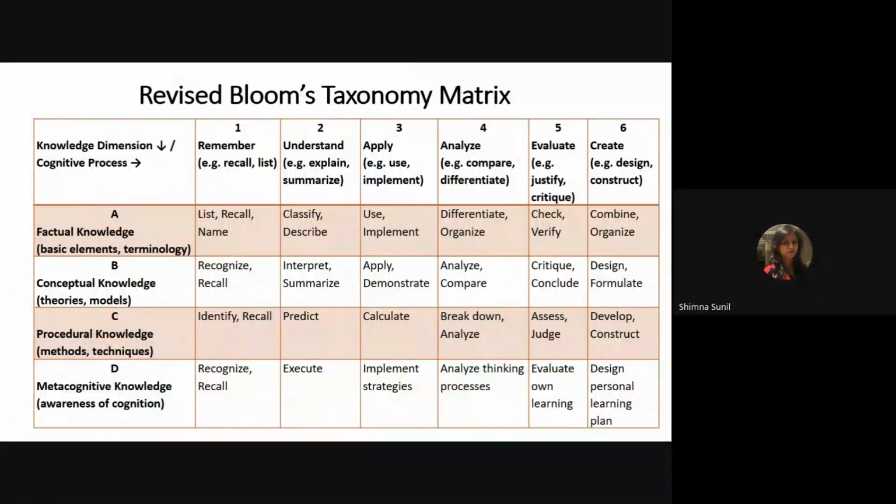We have to move out of the context here. When we reach the creating stage, we are no more in the content. We have come out of the content. It is completely out of the box, and we are relating it to the present context, to the major curricular goal, which is our major idea of teaching that concept, the enduring understanding.